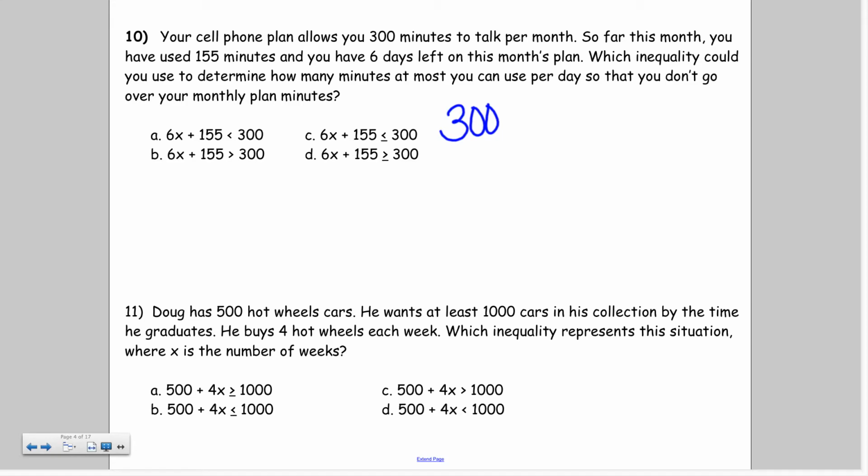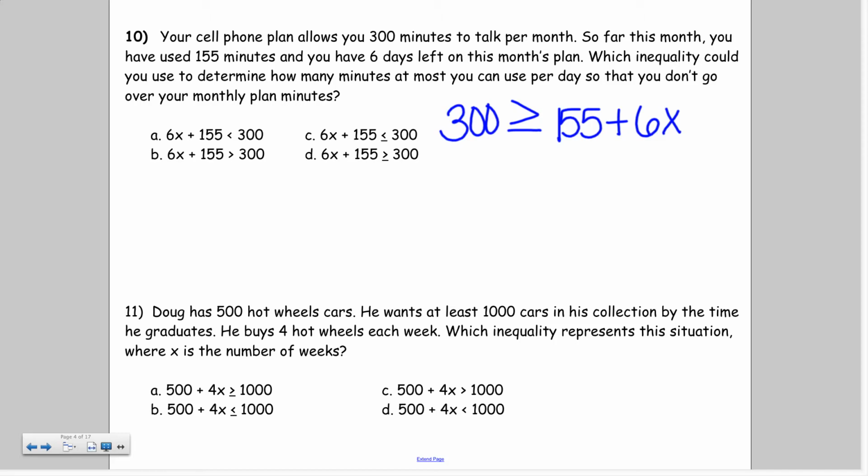So everything you use has to be less than 300. So 300 has to be your greatest number, or you can be equal to it. So 300 is greater than or equal to, and you've already used 155, and you have how many days left? You have 6 days left, so 6x.